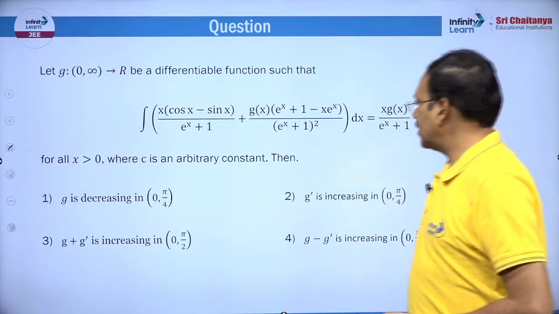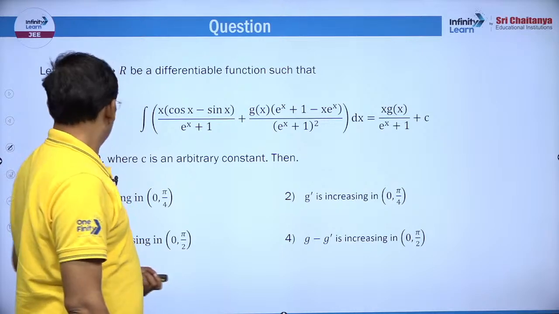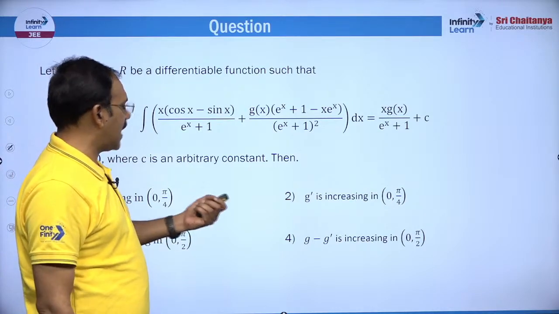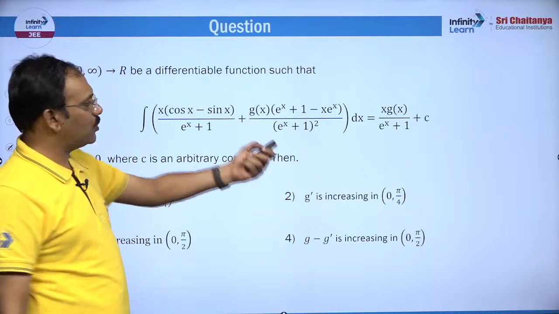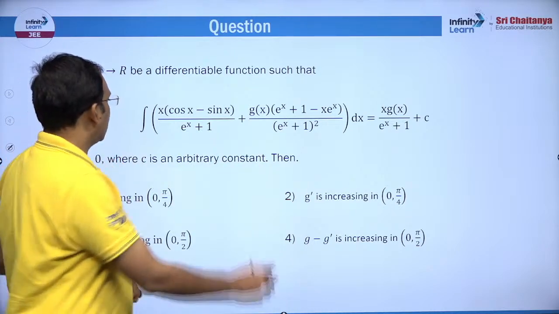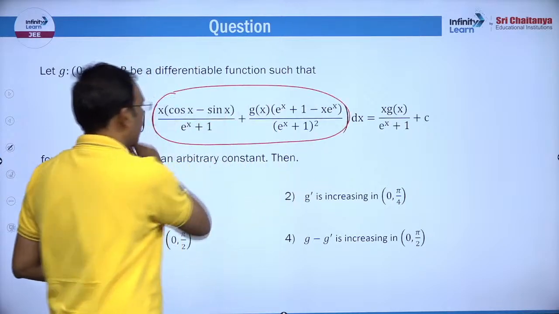Next, you see this question, an indefinite integral related question, we need to comment about the g dash function. Friends, why do not you take the derivative on both sides? If you take the derivative on the left side, you will get this function, we are very clear.